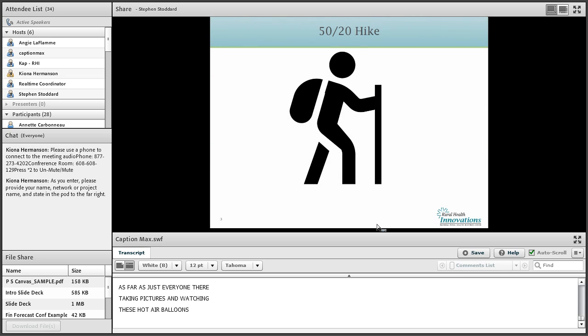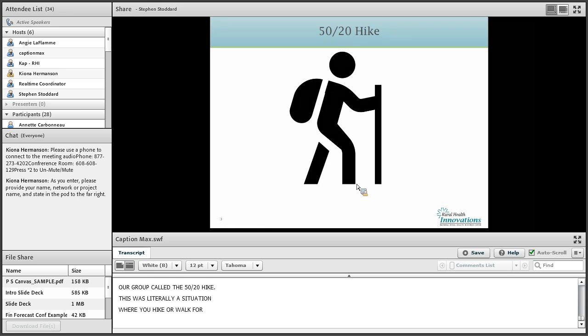And that's what this picture is about. So it's a lot of fun. It puts a lot of color in the sky and is literally, as I understand it, one of the most photographed events in the world, as far as just everyone there is taking pictures and watching these hot air balloons.